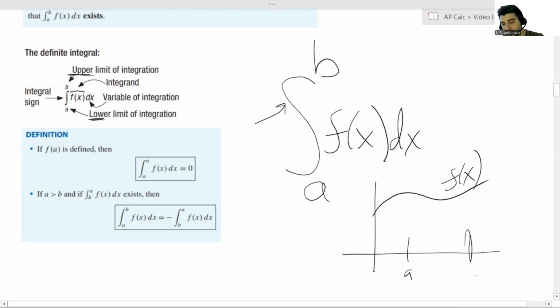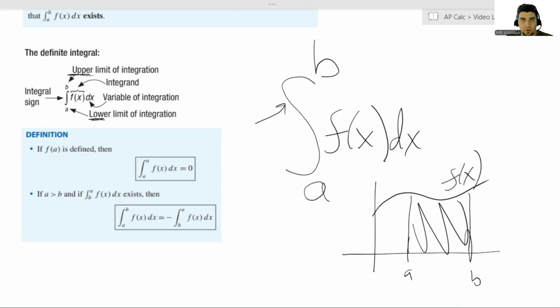Now, normally we go from a to b, and then the definite integral would represent the area of that region. But if I go from a to a, I didn't go over an interval, so there's no width, therefore there is no interval.